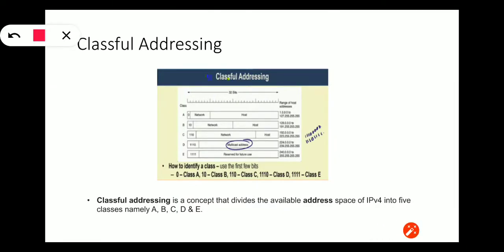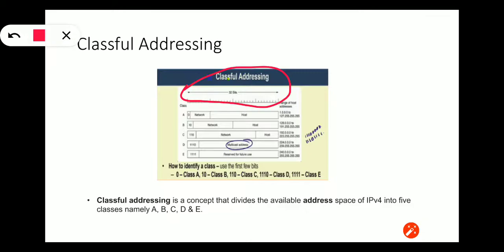In this particular slide, we can see the 32-bit addresses. This entire 32-bit address space I will divide into the network address and the host address, and we have 5 different classes: class A, class B, class C, class D and class E as well.